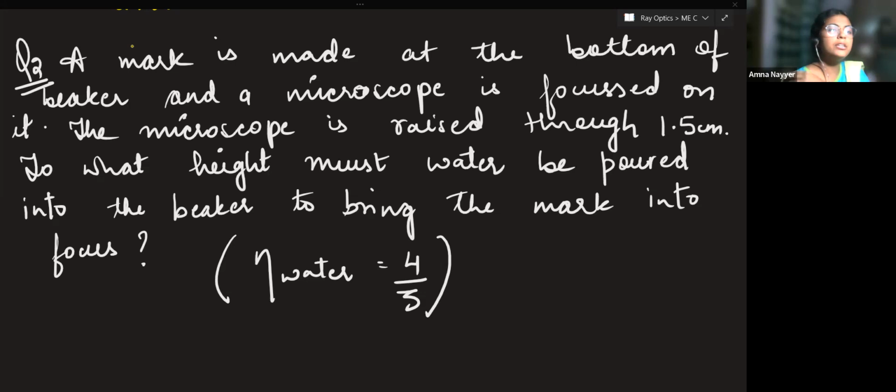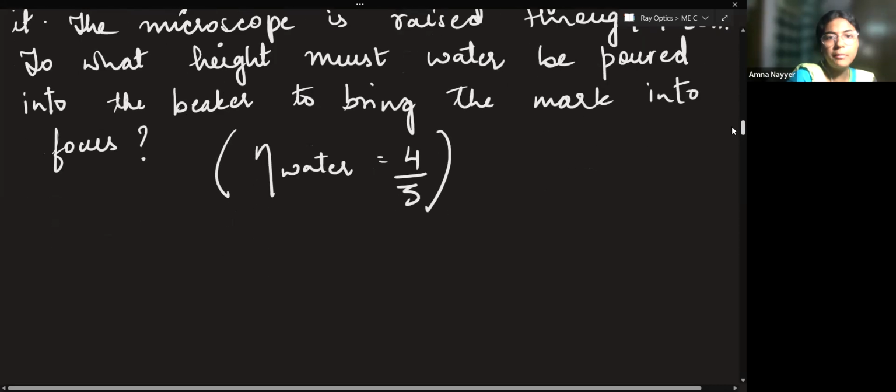Question 2 says a mark is made at the bottom of a beaker and a microscope is focused on it. The microscope is then raised.